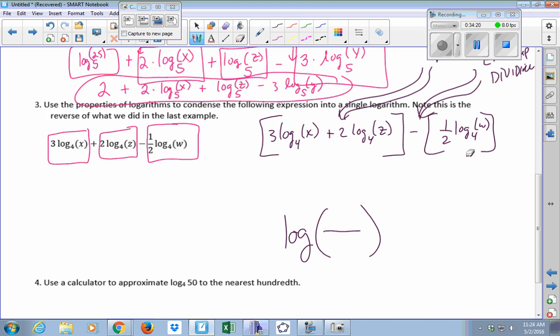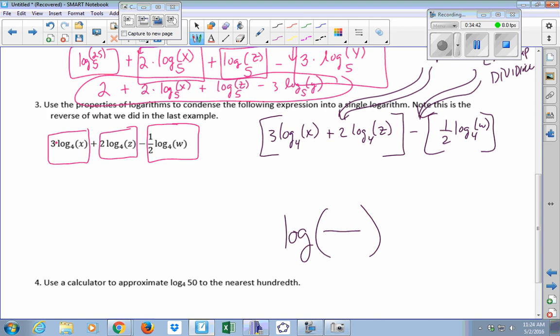All right, so let's take a look at each of these little red boxes called terms individually and see what property we can use. So the first thing I notice here is I've got a 3 and it's multiplying a log. So that means I'm multiplying exponents. And I only multiply exponents in property 3 when I raise a power to a power.